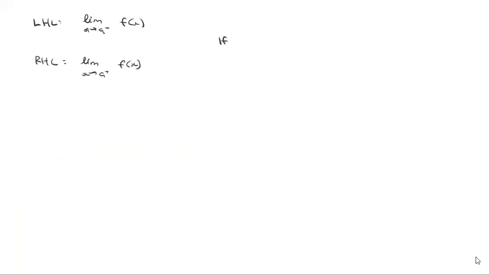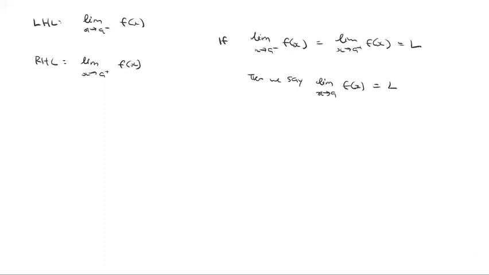Now, if the limit as x approaches a from the left equals the limit as x approaches a from the right, then we say the limit as x approaches a of f of x equals L. In other words, if the left-hand side limit and the right-hand side limit are the same, then we can simply say the limit, without talking about the left or the right, is that limit.